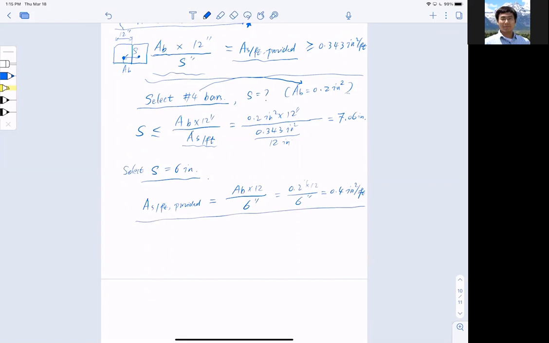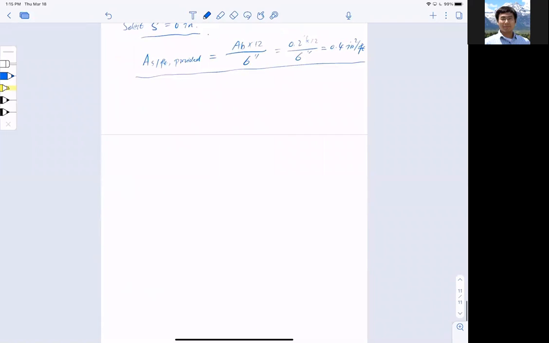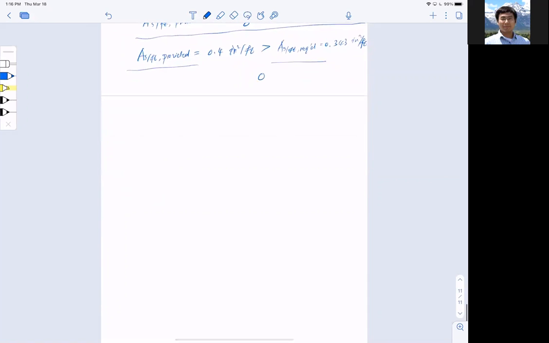That is greater than the As per foot required, which is 0.343 inch squared per foot. So that means I satisfy my requirements, I'm okay.